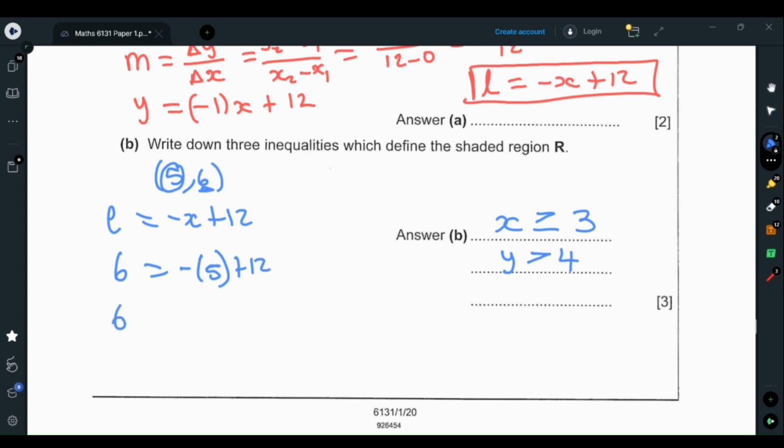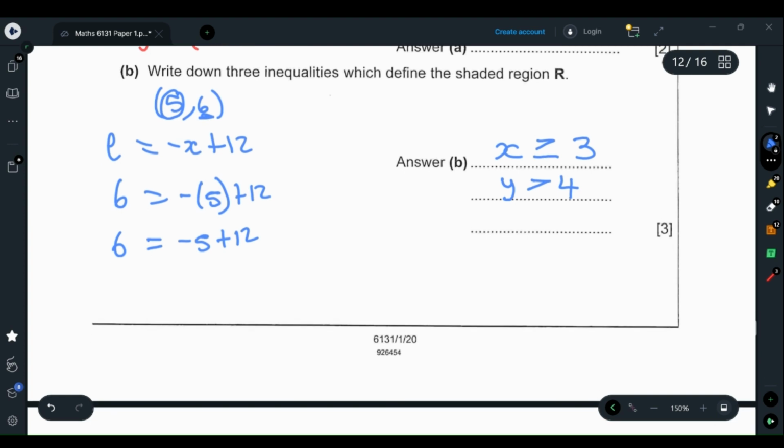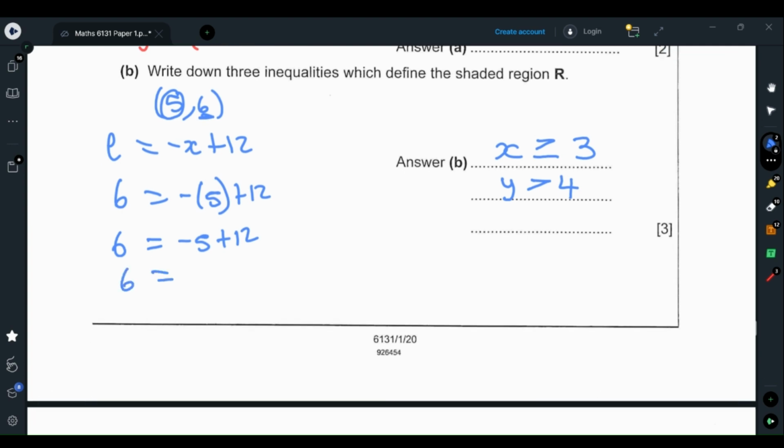So minus 5 plus 12. What does that give us? 12 minus 5 gives us 7. So 6 is less than 7. This tells me that y is less than or equal to minus x plus 12.